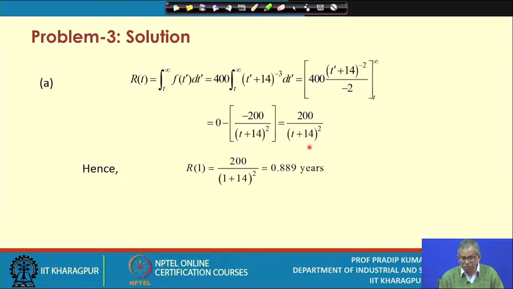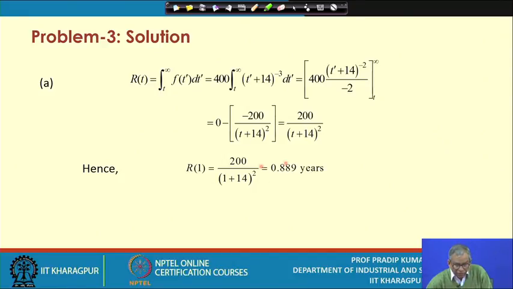The square term. That means it is a function of t, and t is in the denominator. That means if t increases, obviously the reliability decreases. So that's the relationship.